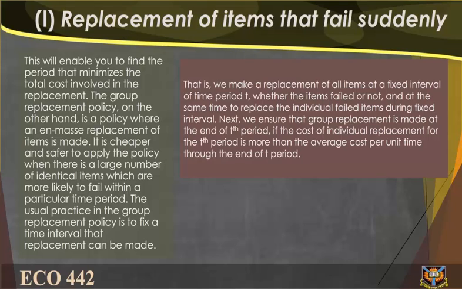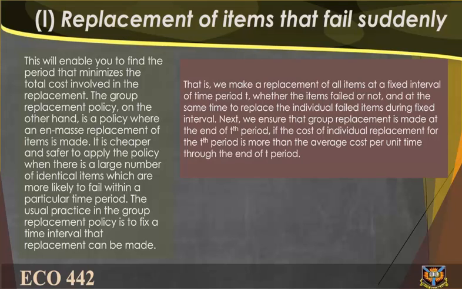The usual practice in the group replacement policy is to fix a time interval that replacements can be made. That is, we make a replacement of all items at a fixed interval of time period T, whether the items failed or not, and at the same time to replace the individual failed items during fixed interval.